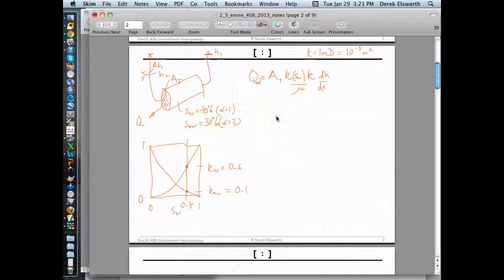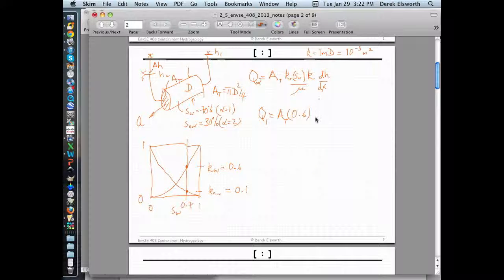And so if you want to get the volumetric flow of water, it's going to be equal to whatever this area is. It'll be the same in either case. So this is, I don't want to use lowercase d, so this is, you know this, AT is equal to pi uppercase D squared upon 4. The relative permeability for water is 0.6.